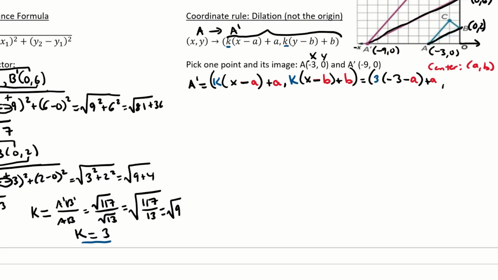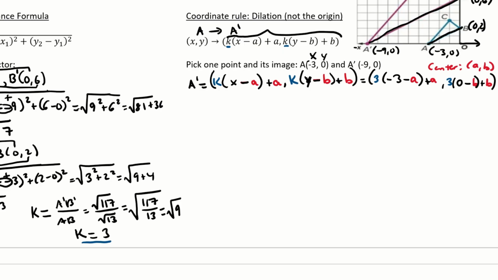And then we got K, which is 3. And again, I keep saying x, and this should say y, not x. Okay, so bear with me here. And then we get y. Now, y is 0. So 0 minus B plus B. Okay. All right. So that's what we got.